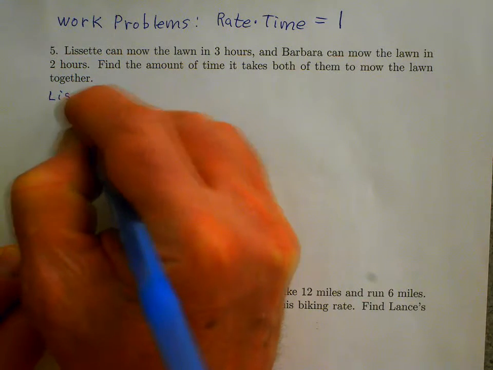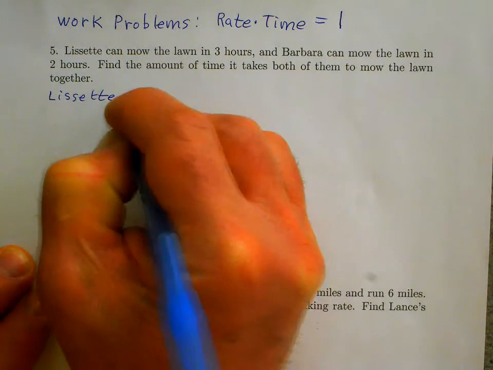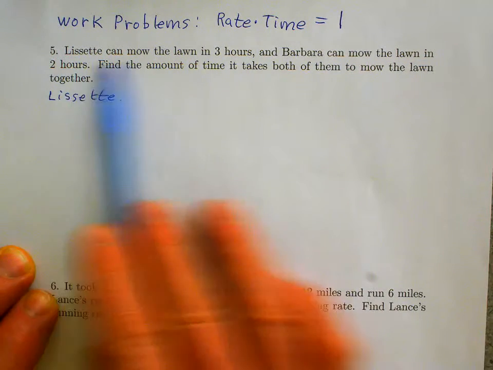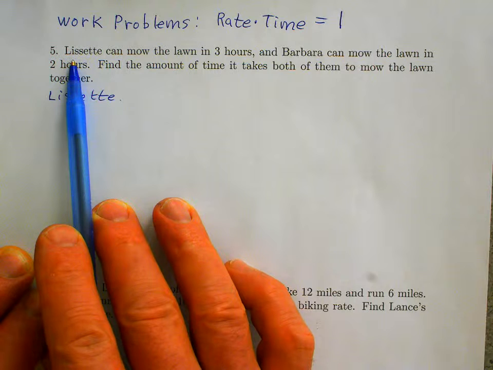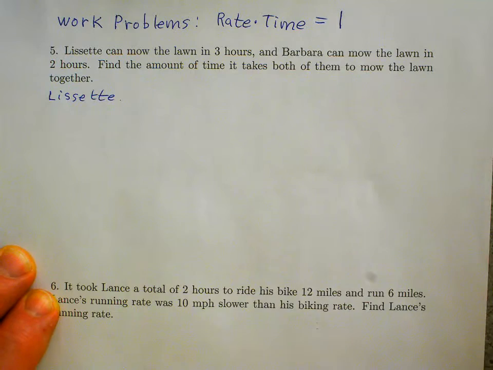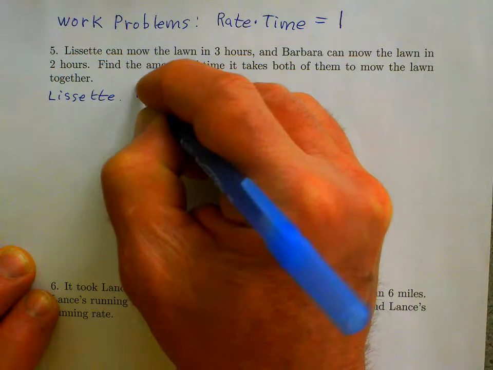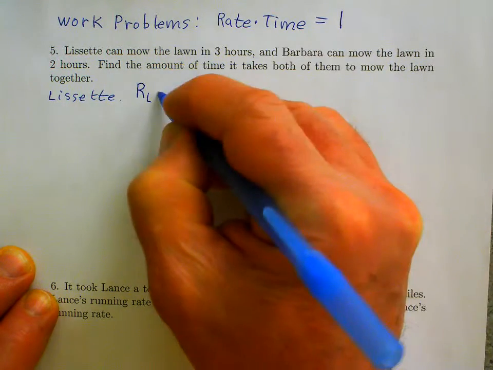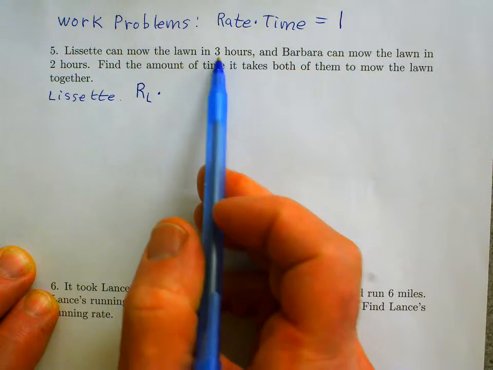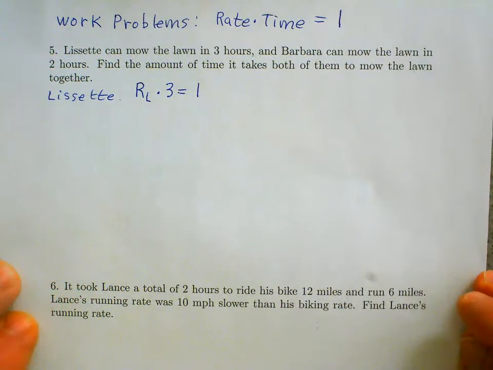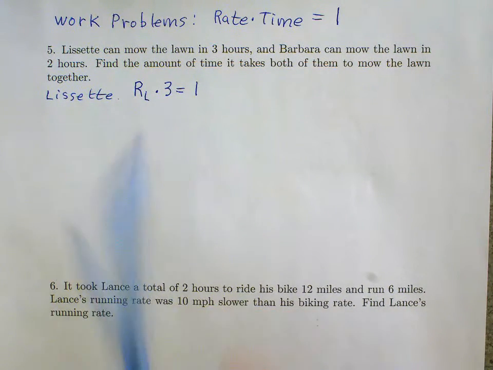So for Lizette, this first part of the first sentence says Lizette can mow the lawn in 3 hours. So Lizette's rate, we'll refer to that as R sub L, and in 3 hours, she can mow 1 lawn. So for Lizette, there's our equation.